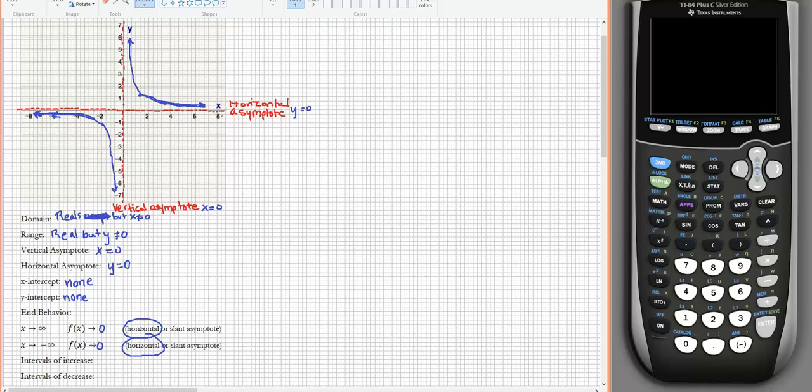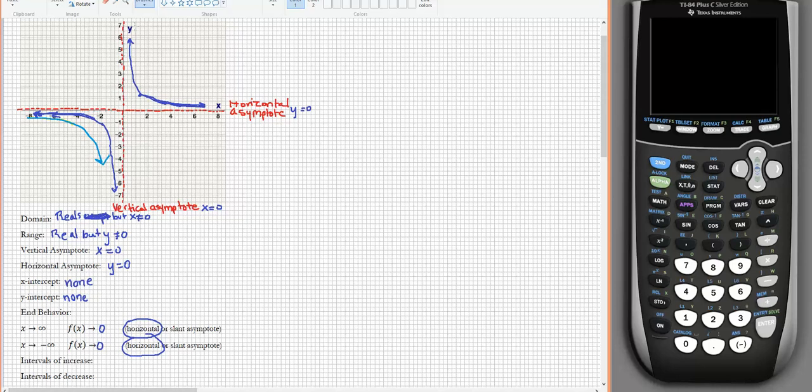Where is the function increasing? Well, actually, this function is not increasing. If you look at it, you always start from here, and then what is the function doing? It's going down.